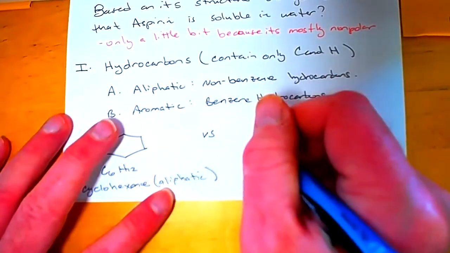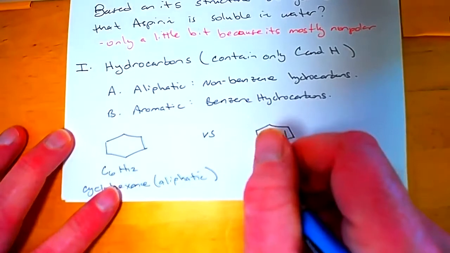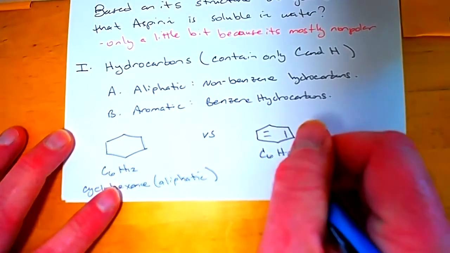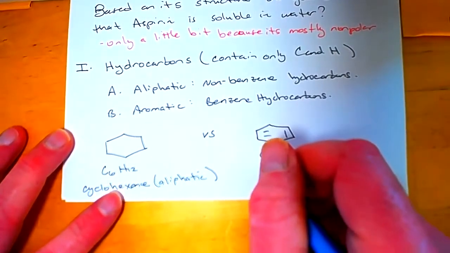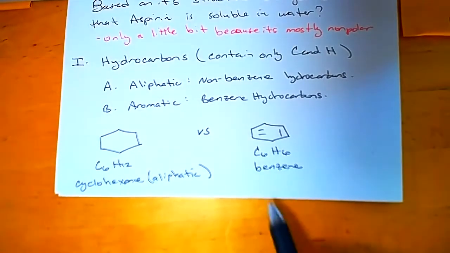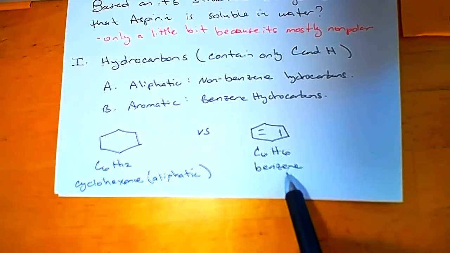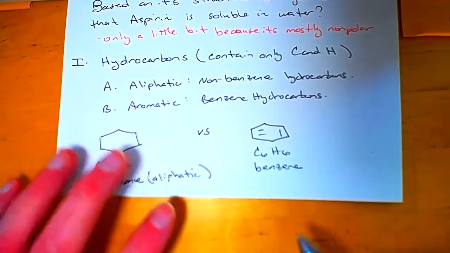Versus, say, if you were to have benzene, which is like this, and it has the chemical formula C6H6, and technically it has an IUPAC name. It's like a 1,3,5-cyclohexatriene, but everybody refers to it as benzene.